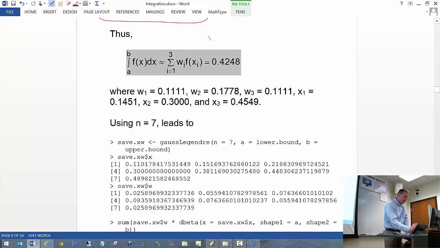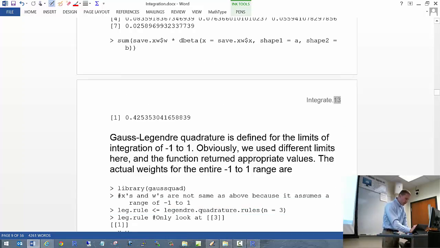Well, as you might expect, if you use more points of quadrature, then you're going to have a more accurate representation of the integral. So if I did 7 points, I mean, this was already pretty accurate to begin with, but if I did n equals 7, then I get 0.4253, which is, actually, if I round to 4 decimal places, exactly what the integrate function gave us before, and also what the pbeta function would give us.